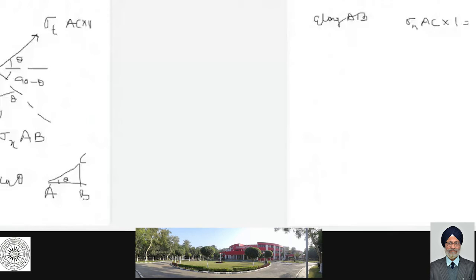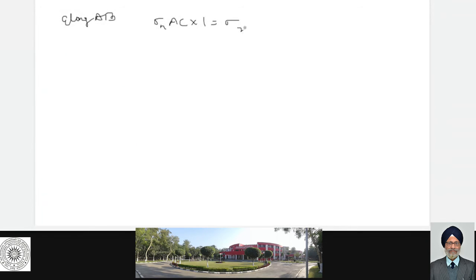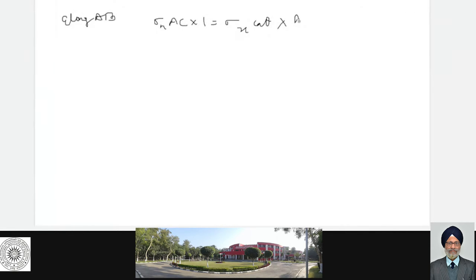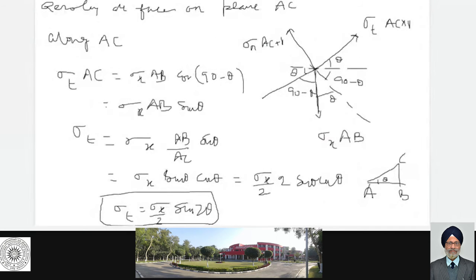So it will be sigma x cos theta into AB. So sigma n will be equal to sigma x cos theta AB upon AC. AB upon AC was how much? AB upon AC is cos theta.